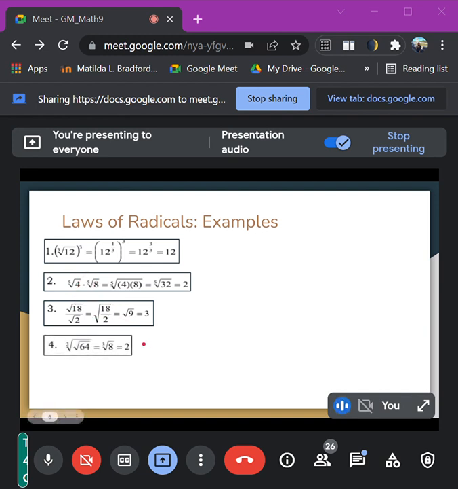Now let's have our number 4, which is apply na to ang fourth law ganina. So you have there the cube root of square root of 64. So that is equivalent to 2. Diba? Kay kani kung ato ni siyang i-simplify class, kung ato ni siyang i-simplify ang kaning sulod, which is ang square root of 64, diba, that is 8.